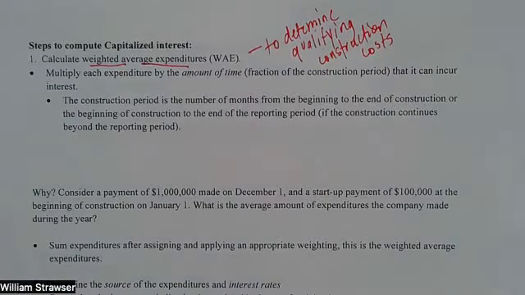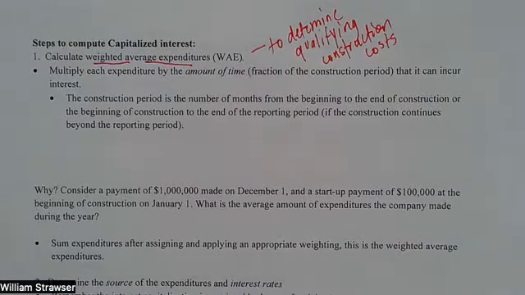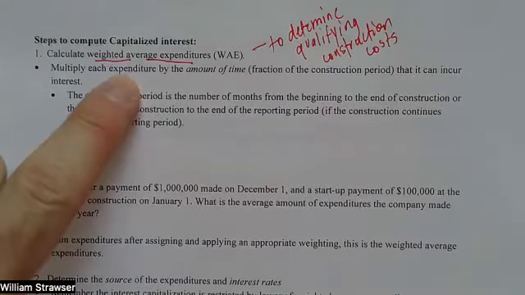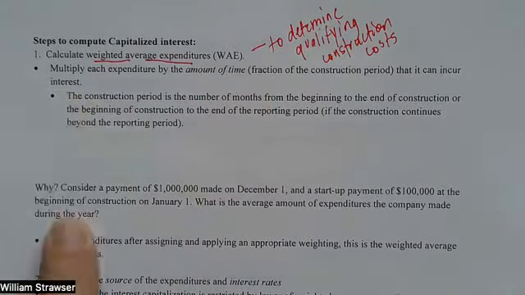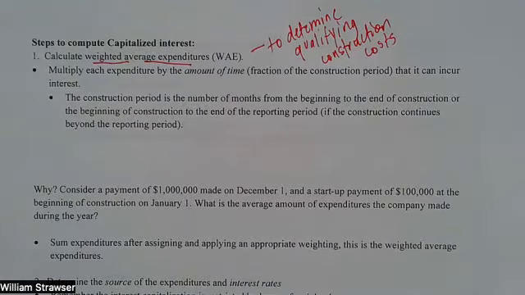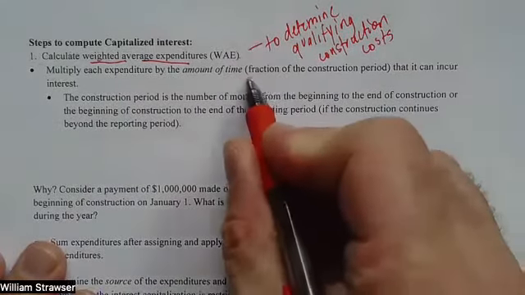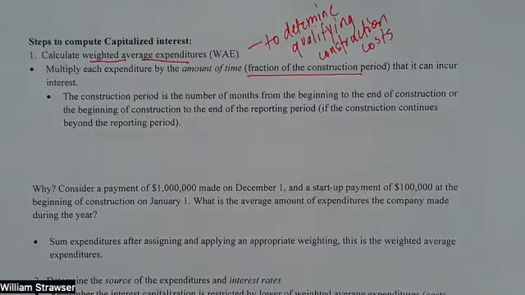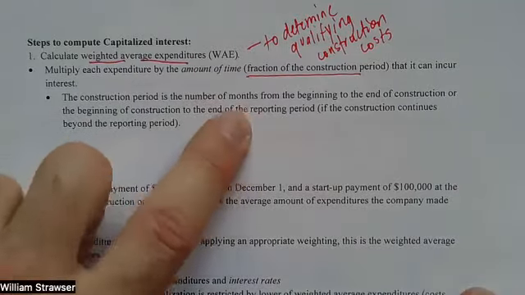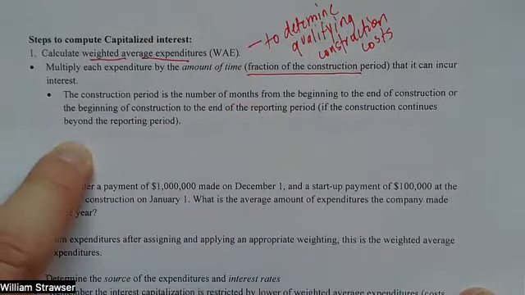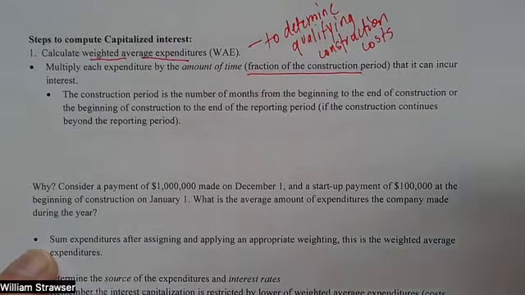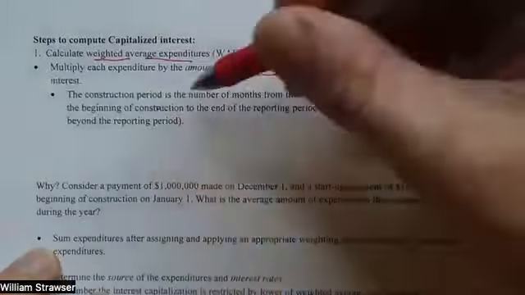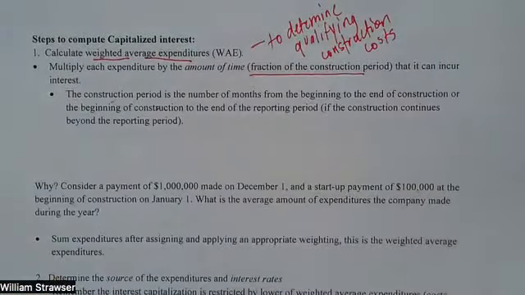In order to do that, you multiply each expenditure, each amount spent, by the amount of time that it can accrue any sort of interest. So it's a fraction of the construction period that we're looking at. And the construction period is just the number of months from the beginning to the end of the construction. Or if we're talking about more than one reporting period, it is from the beginning of construction to the end of this current reporting period.